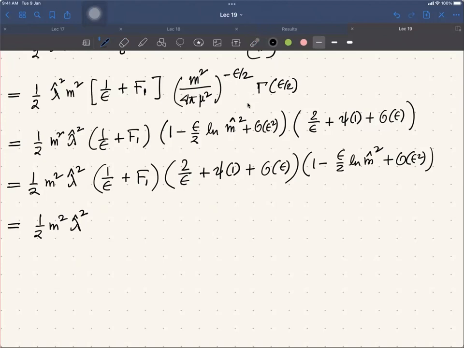So the 1 over epsilon square term will be 2 over epsilon square. You take this term, and 1 here. And then let me calculate the 1 over epsilon term. So we take 1 over epsilon times psi 1 times 1. So that gives a psi 1. Then f1 times 2 over epsilon times 1, which gives 2 f1.